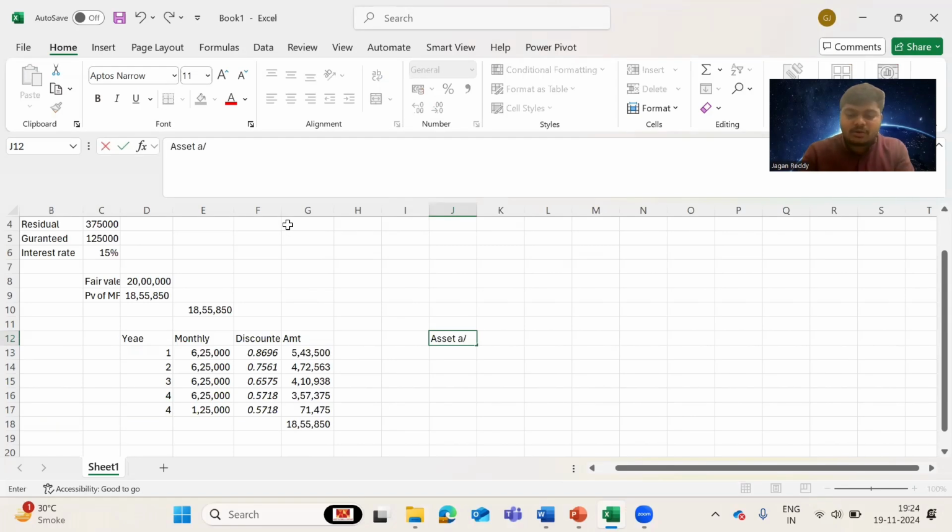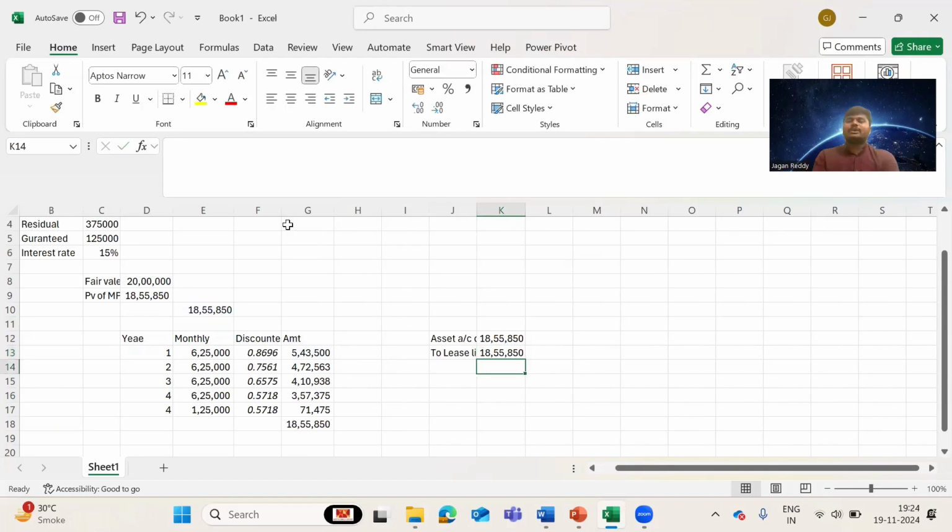Asset account debit 8,55,850 to lease liability account, 8,55,850.